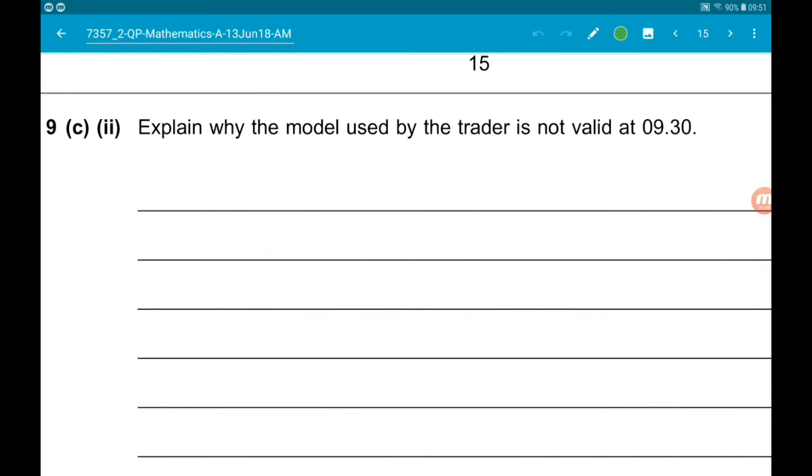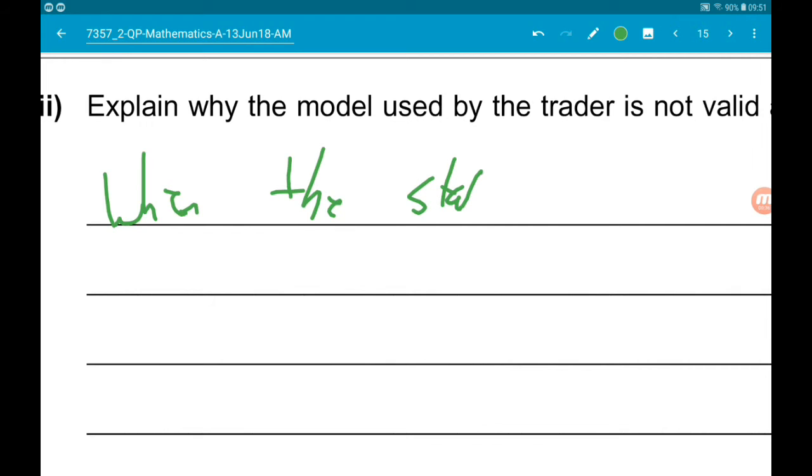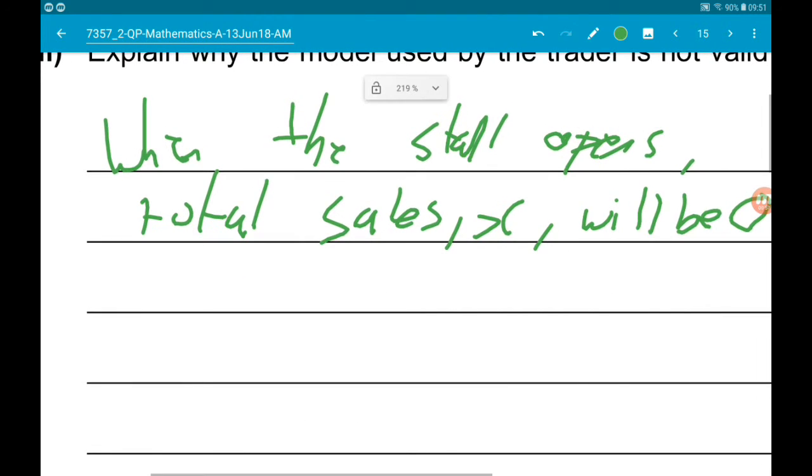So when the store opens, total sales x will be 0.